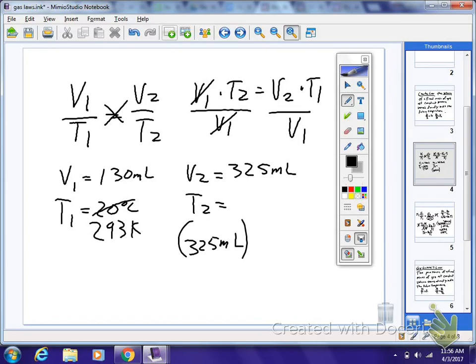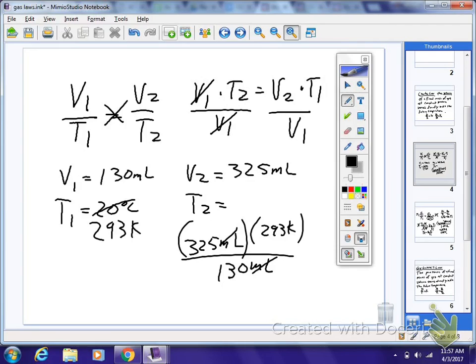They'll put the volume there at the top would be 130. If you have something to look off that you can just transfer the numbers into that symbol, it's easier. So 293 Kelvin divided by my V1, which is 130 milliliters. Milliliters cancel out. I end up with Kelvin as my answer.